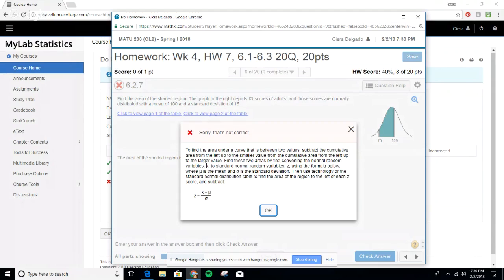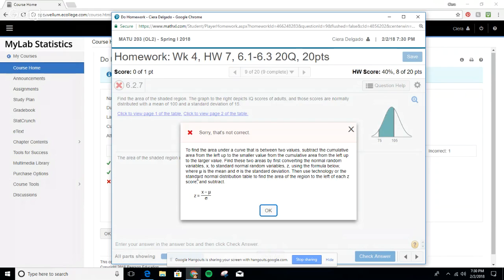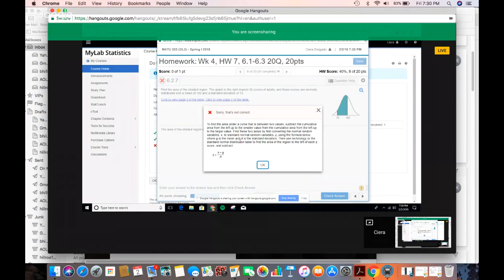Find the area under a curve. Track the cumulative area. Converting the normal random variables to standard normal random variables. Okay, that doesn't make sense. But the table.